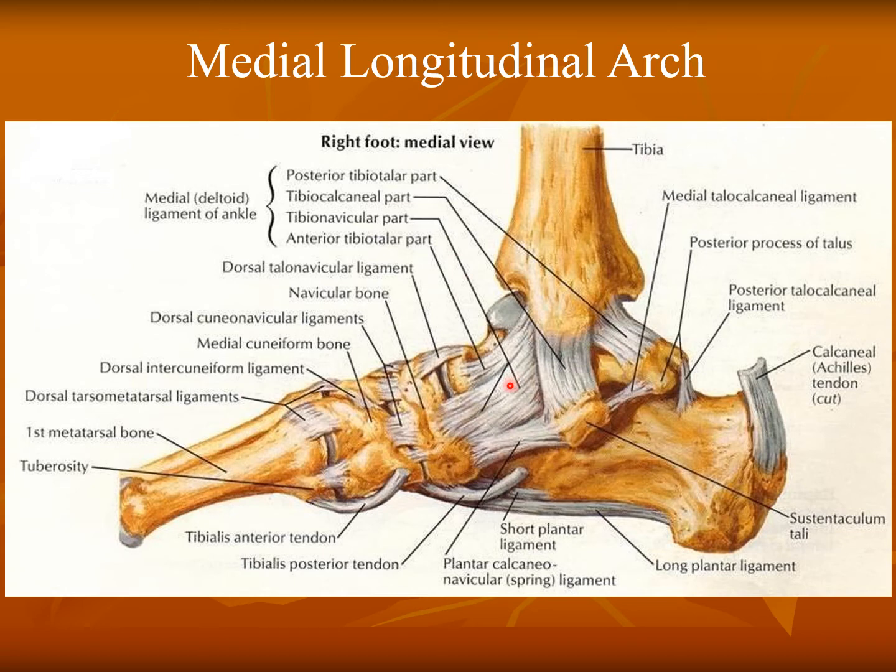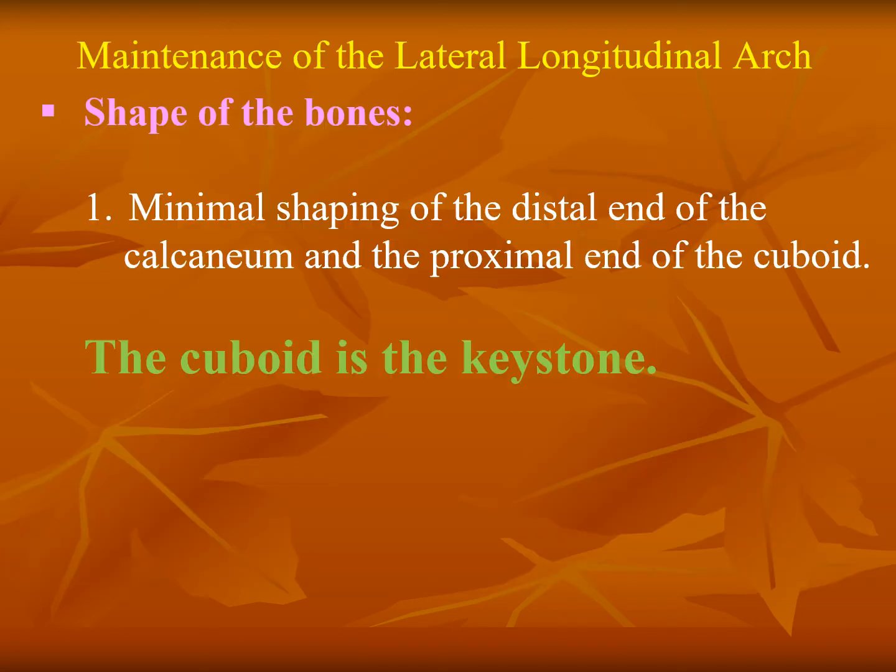These four parts combine together and form the deltoid ligament. These four ligaments are collectively named the deltoid ligament or medial ligament of the ankle. So it also acts as a suspension bridge for the medial longitudinal arch along with the tendon of tibialis anterior. That's all for the medial longitudinal arch.